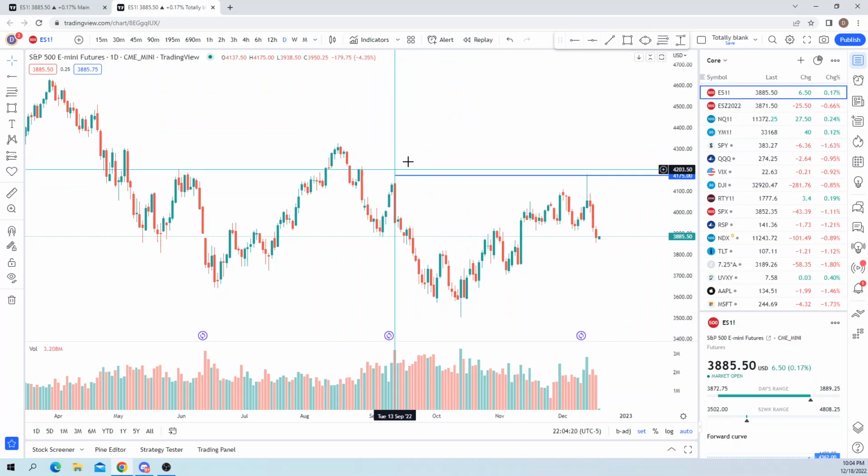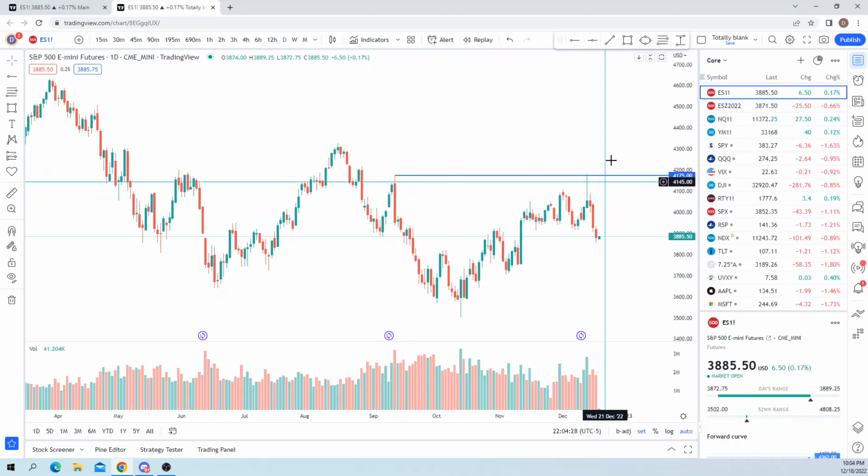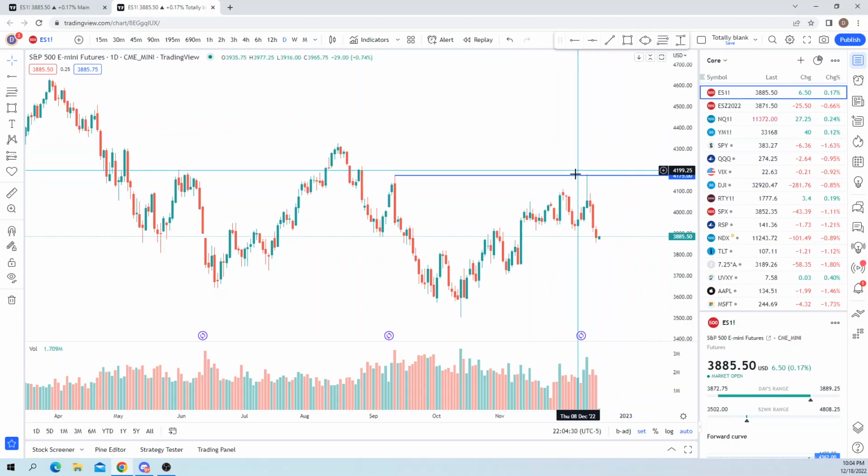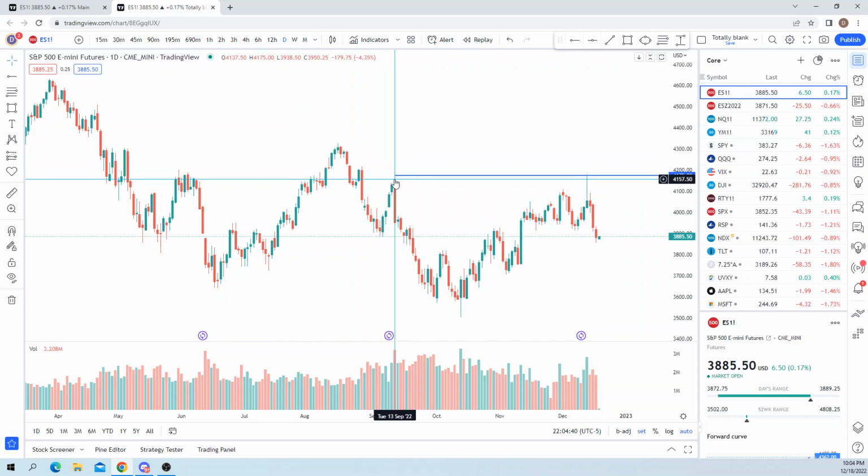The last prior high on September 13th was 41.75. Many retail traders who were short into that print were stopping out above the last macro high. A lot of eyes were on this high, okay?